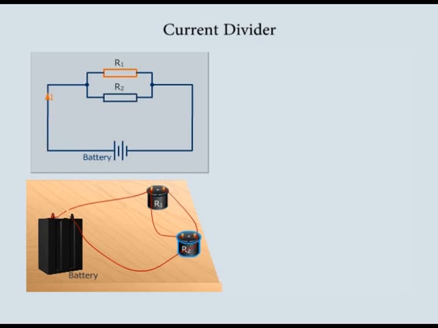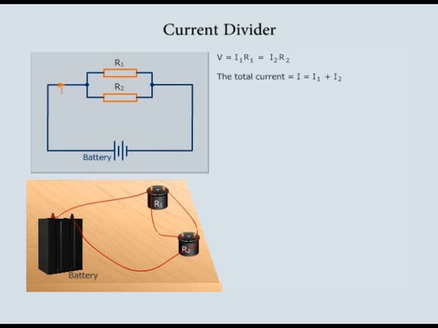Consider two resistors R1 and R2 connected in parallel as shown here. The potential difference across each resistor is the same. V = I1R1 = I2R2. Total current I = I1 + I2.